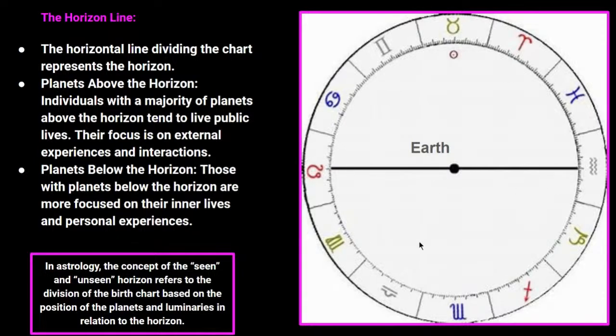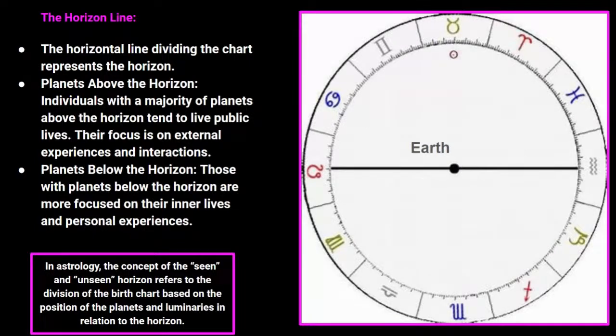Now, earlier I mentioned the unseen and the seen concepts of the horizon. In astrology, I'm reading this box right here, the concept of the seen on the top part and the unseen of the horizon on the bottom part refers to the division of the birth chart based on the position of the planets and luminaries in relation to the horizon.